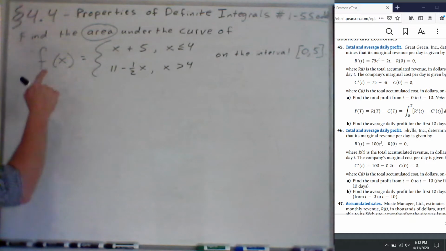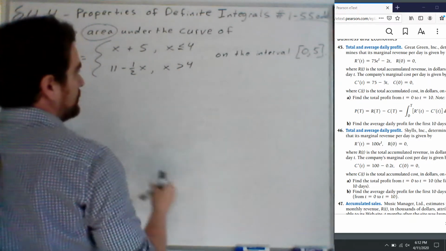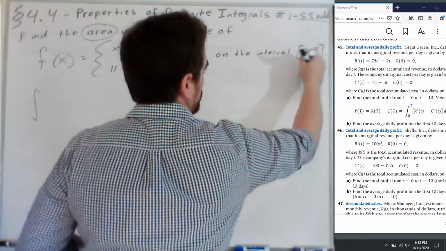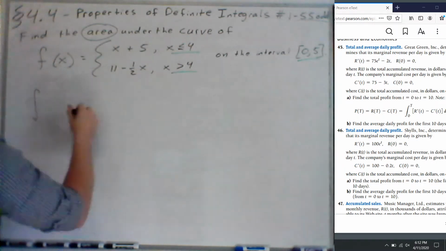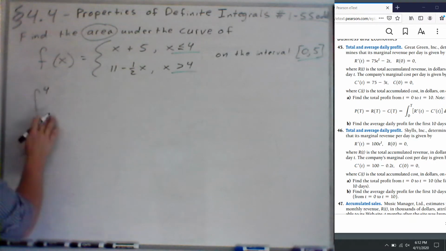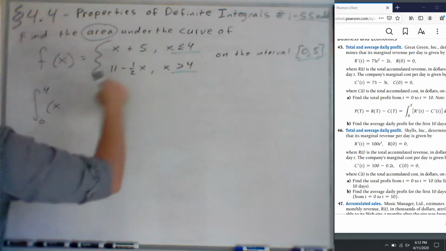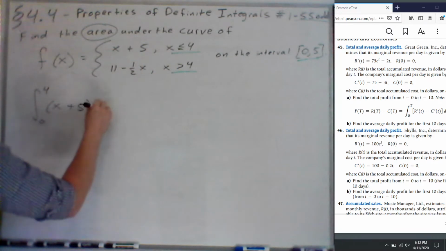So let's start by setting up the integral. You'll notice that this function is broken up at the value 4, and 4 is in this interval. So I can't just go in one straight shot from 0 to 5. I have to go from 0 to 4 first, and on that piece of the interval I'm using this function, x plus 5.